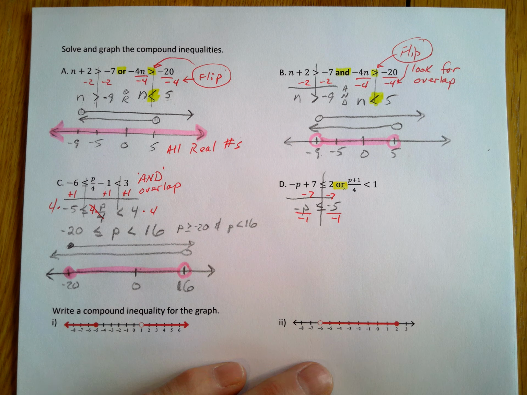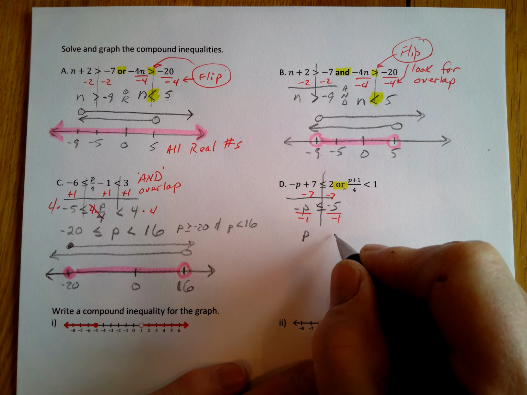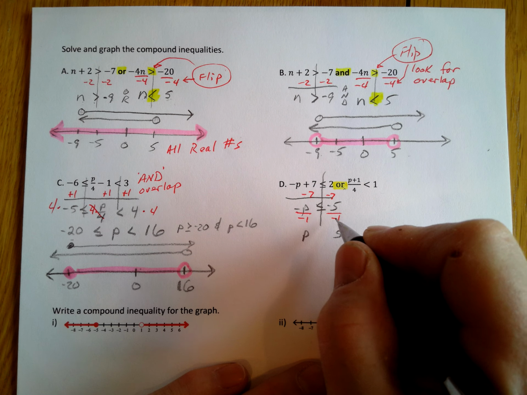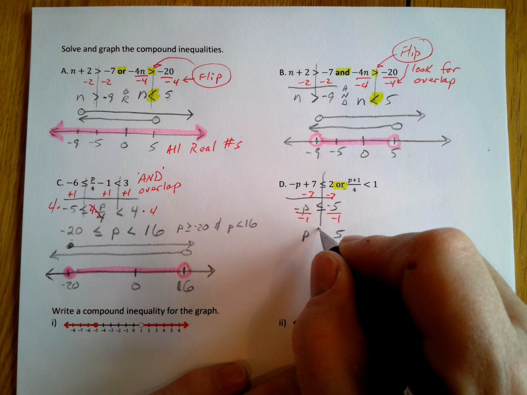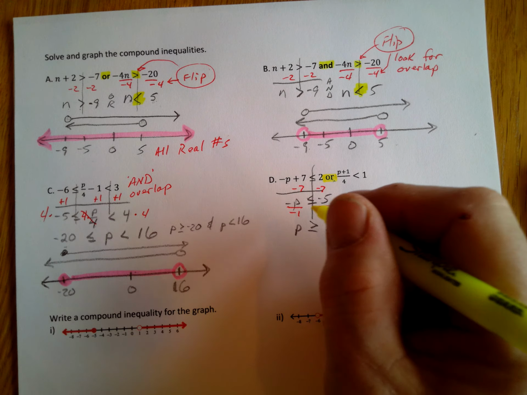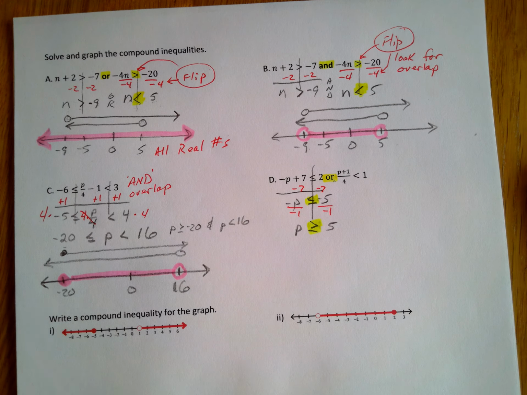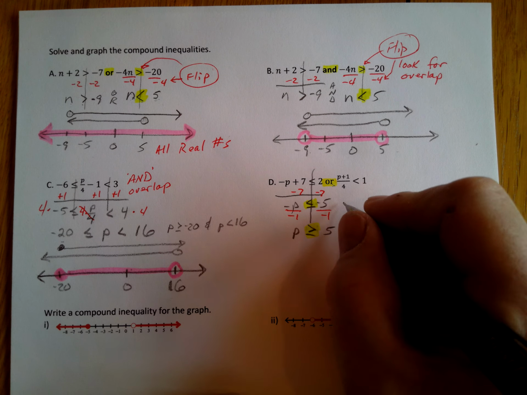You could multiply by negative 1. I'm going to end up with p and 5, but yes, I have to flip, okay? So it was going to the left, now it's going to the right. I'm not going to write flip this time. I'm just going to highlight because this means, hey, I flipped it. It's important.